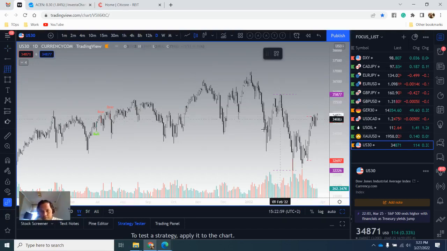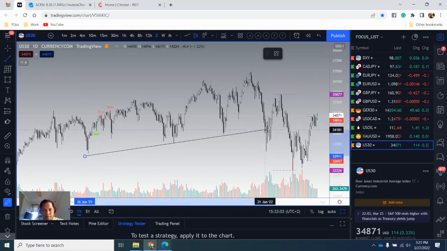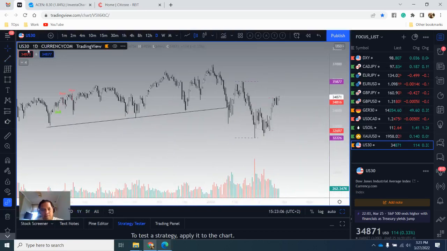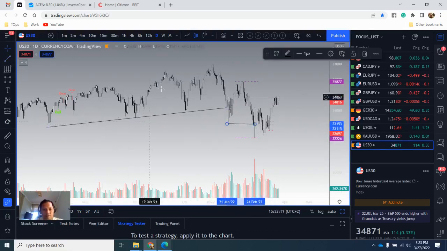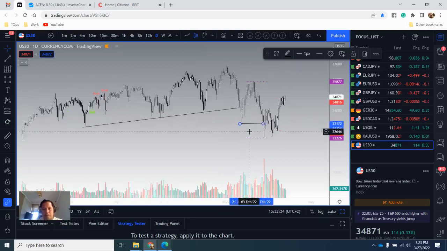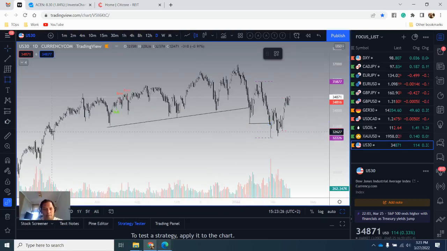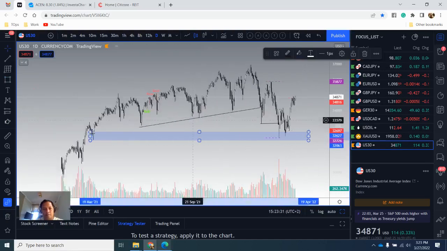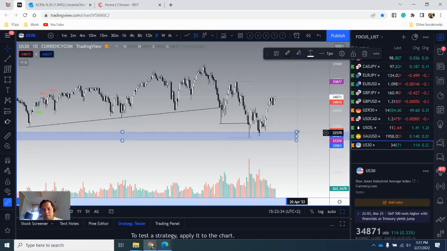Okay, so we have here this move, this trend line, and the price broke structure to the downside. So here we have an uptrend, and now there is a break of structure to the downside, and then we put a pin hammer candle here. Why? Because we have here a demand zone, so this might be our low of the year.